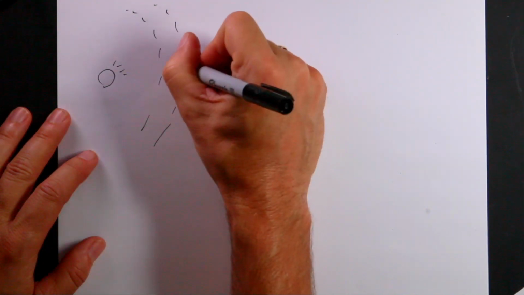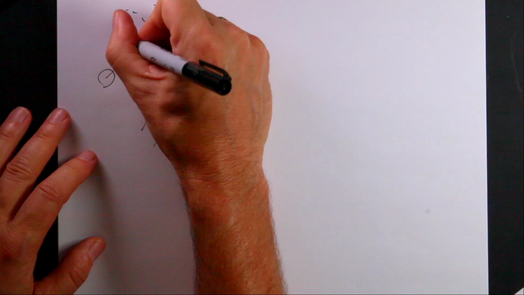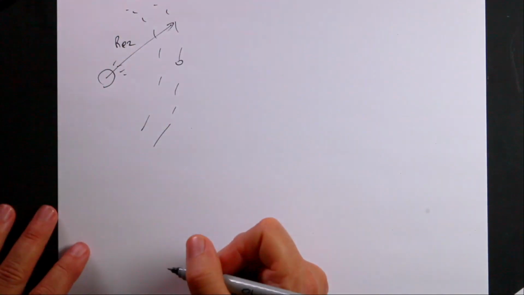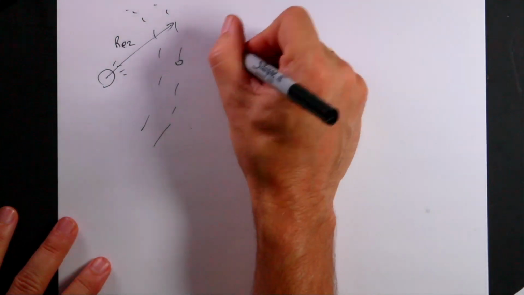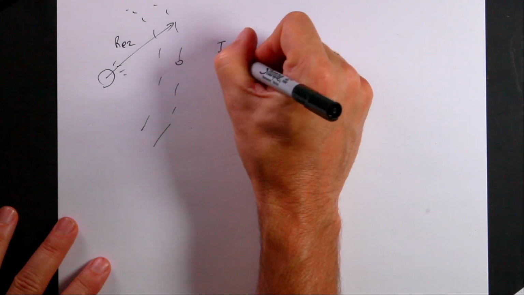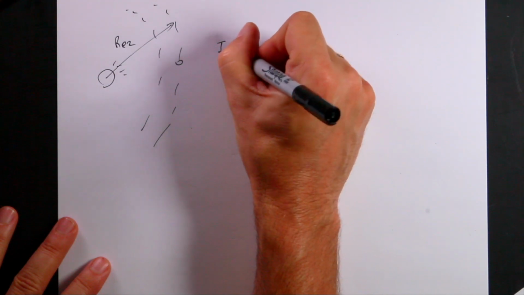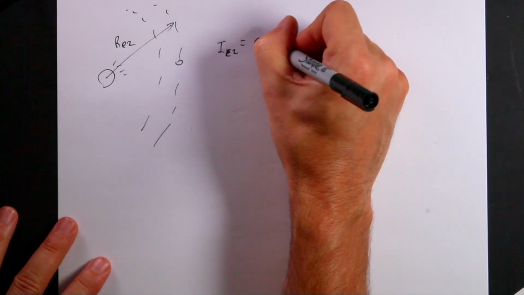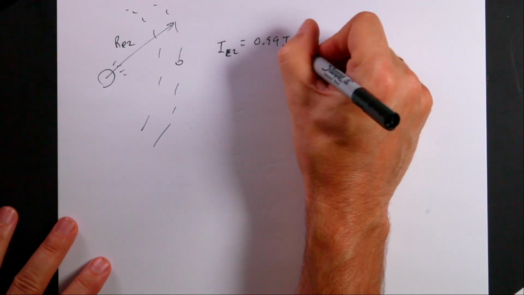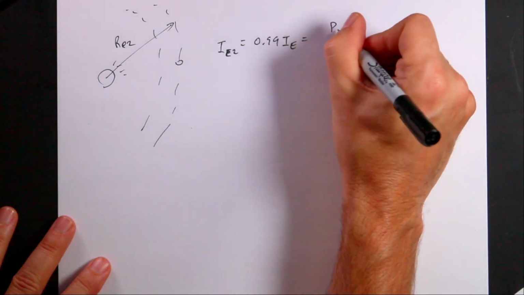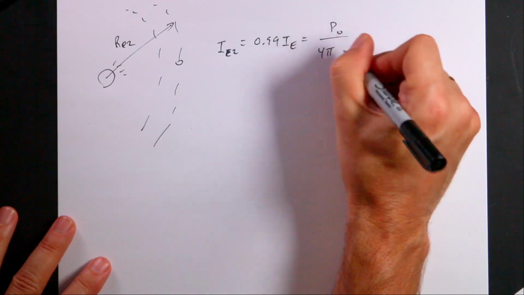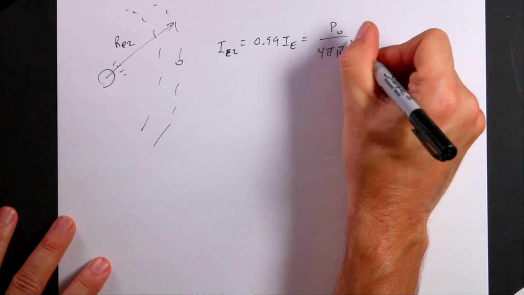And there's the new one. And we'll call this RE2, the new orbital radius of the Earth. So I want IE2, I use capital 2, is going to be 0.99 IE. And that's going to be equal to PO divided by 4 pi RE2 squared.